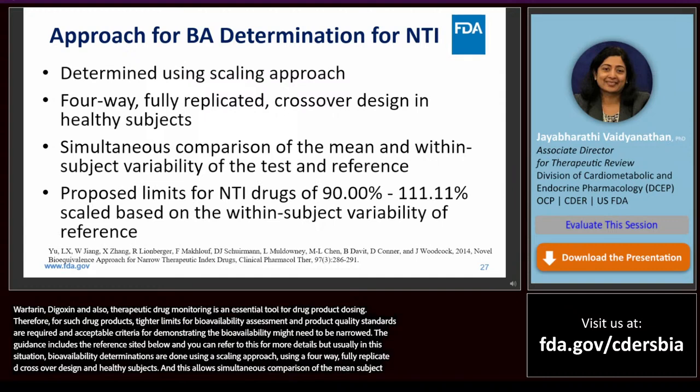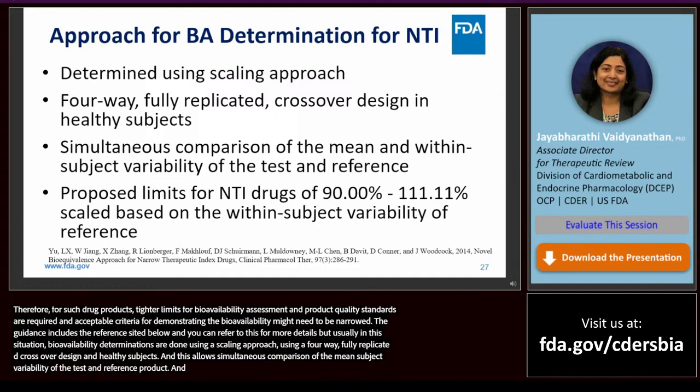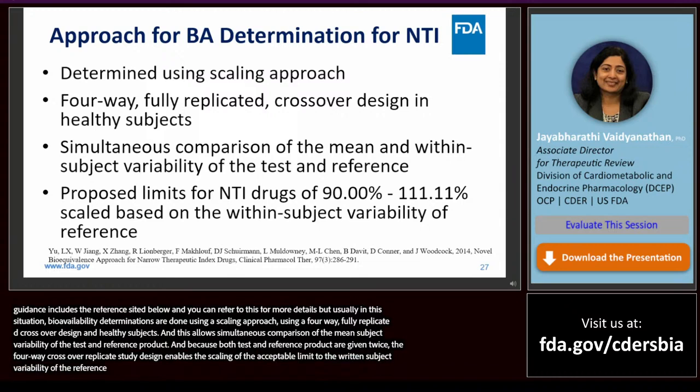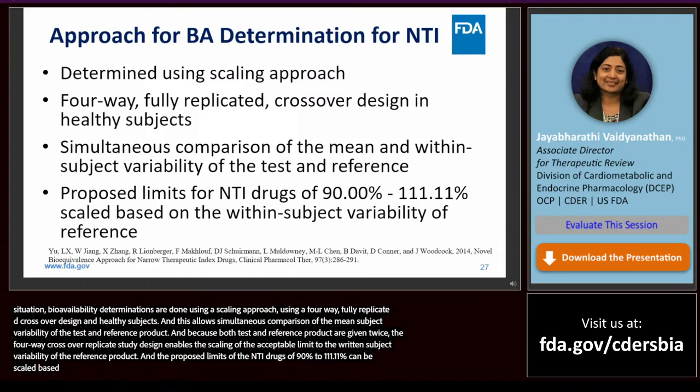And because both test and reference product are given twice, the four-way crossover replicate study design enables the scaling of the acceptable limit to the within-subject variability of the reference product. And the proposed limits for the NTI drugs of 90% to 111.11% can be scaled based on the within-subject variability of the reference product.